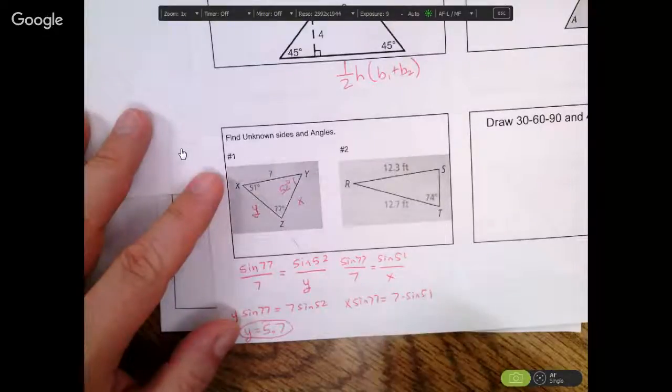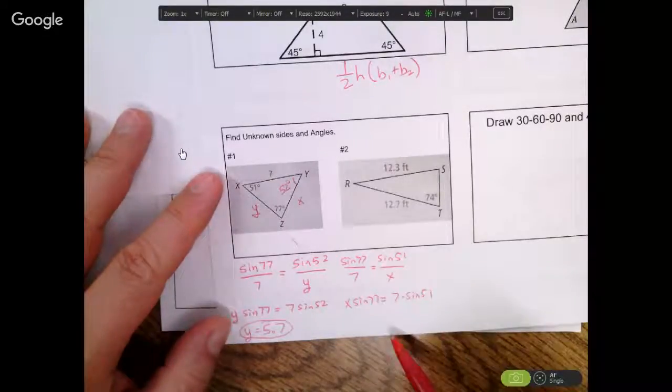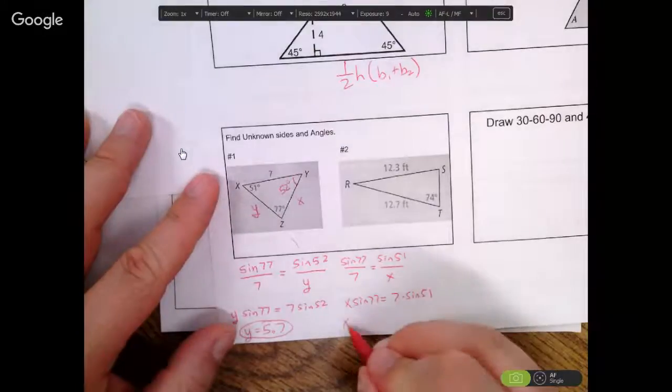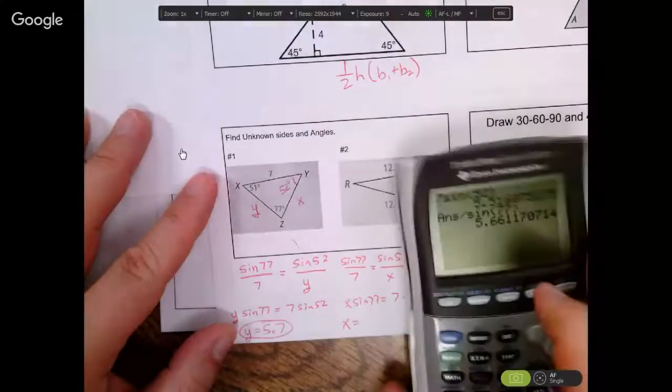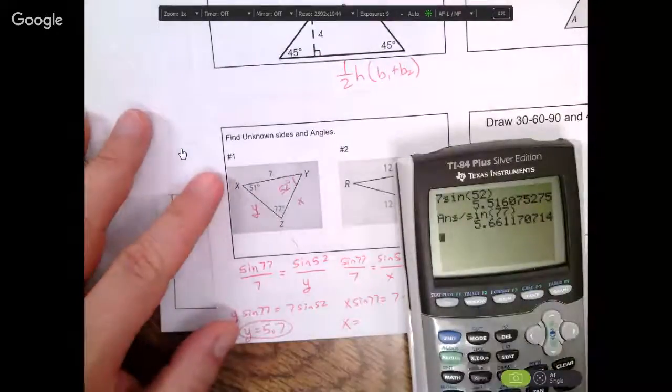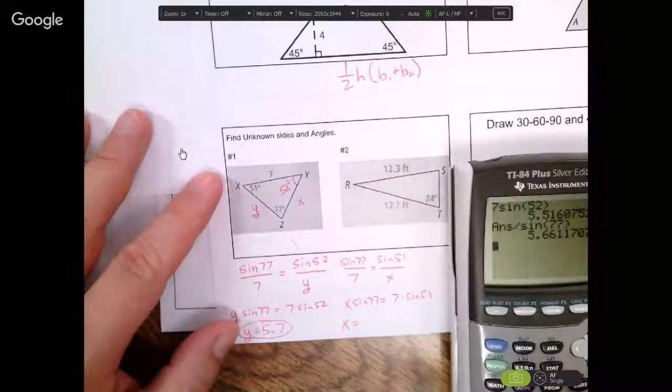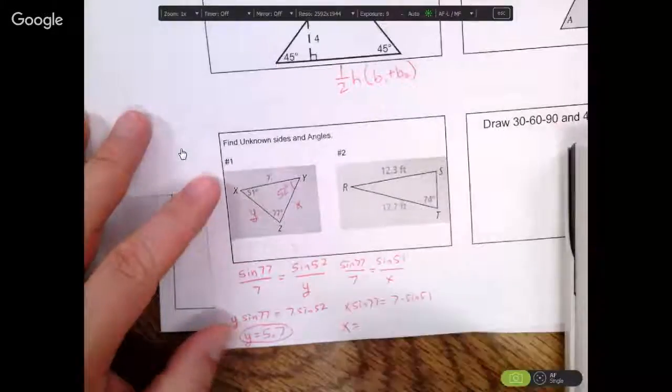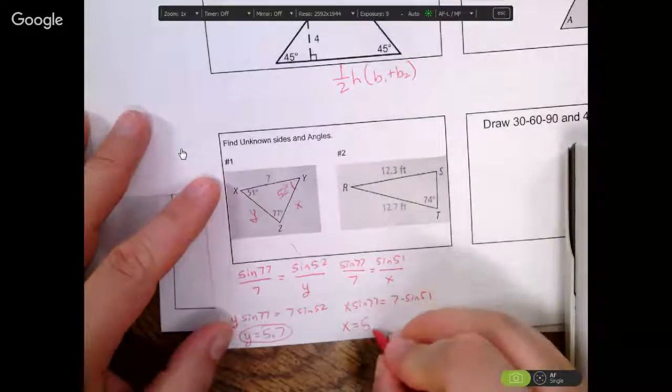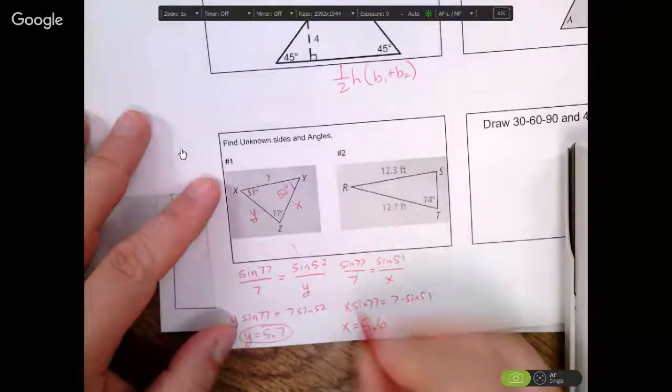In terms of showing work, this is about as much as I would expect you to show, because a lot of it's done in the calculator. So this time it's 7 sine of 51, and then divided by the sine of 77. And I get 5.6 when I round it to 1 decimal place.